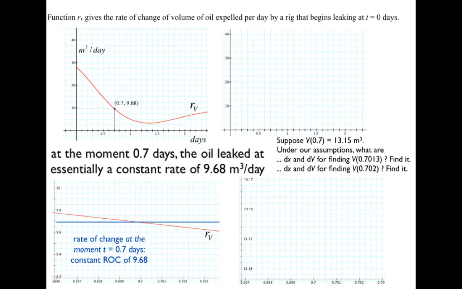What would dV be? And then let's find V of 0.7013 and illustrate it on the graph below. I'm really looking for you to apply the principles we talked about. Don't go back to your thinking before this course. Use the things we talked about in the last 2 or 3 weeks.